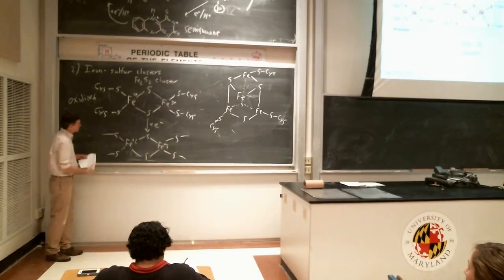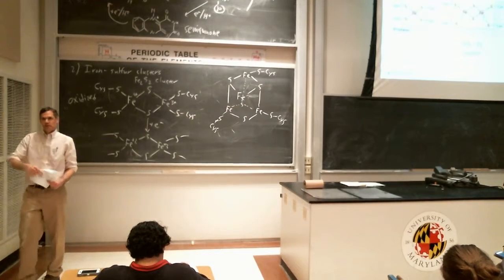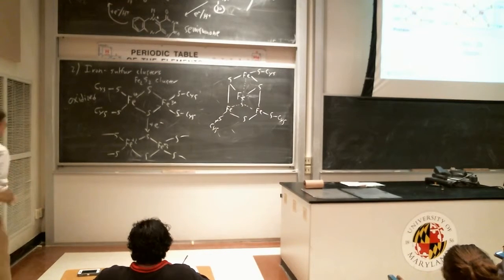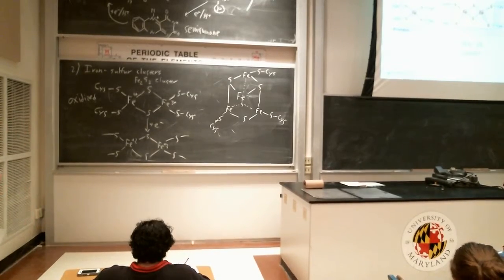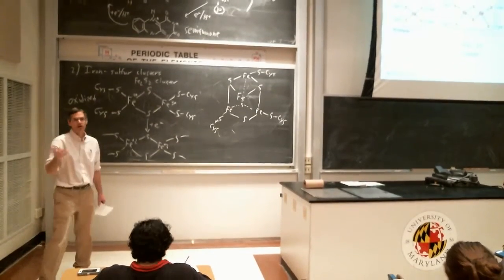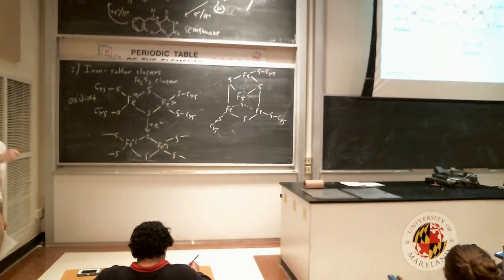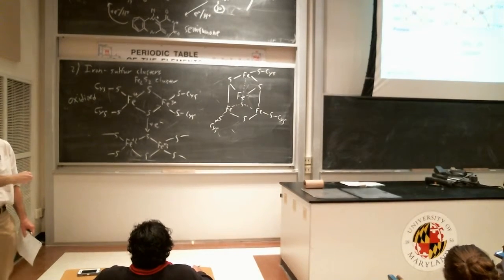I've indicated that it was this iron that got the electron, but in fact, these are delocalized systems, so the electron is actually delocalized over that cluster. It's not situated on one or the other iron. Each of these, even the one with four irons, will only accept one electron. Another way to put it is that the reduction potential for trying to put another electron in there is very, very low and negative.